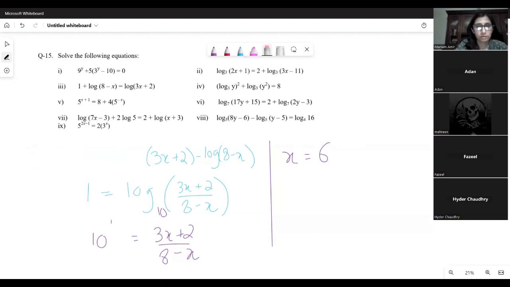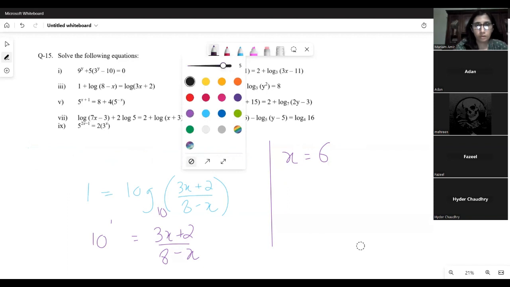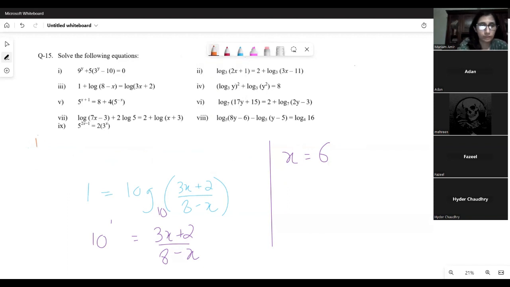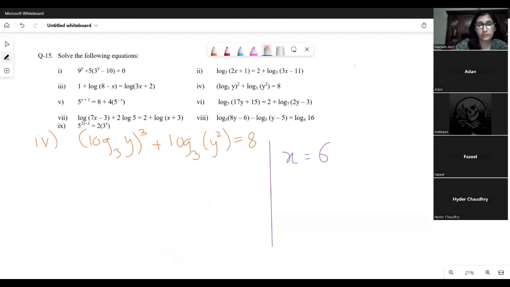Question 4. I hope you can now all tell that that's a hidden quadratic equation in part 4. Log base 3 of y squared plus log base 3 of y squared equals 8. Okay. Let x equal log base 3 of y.